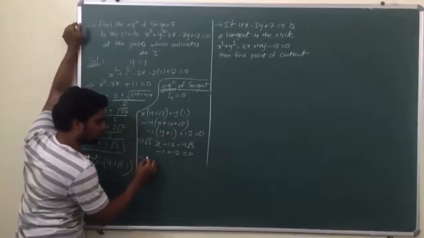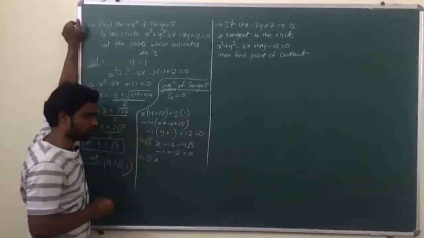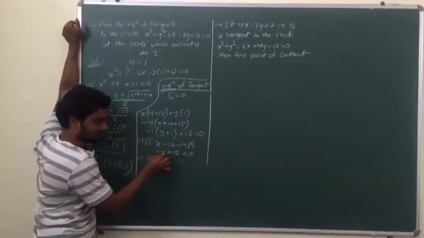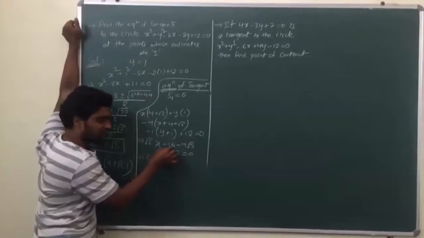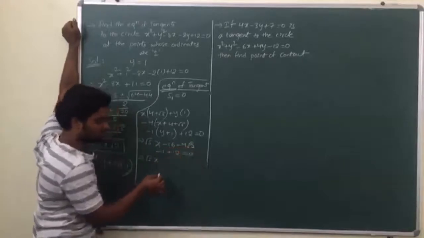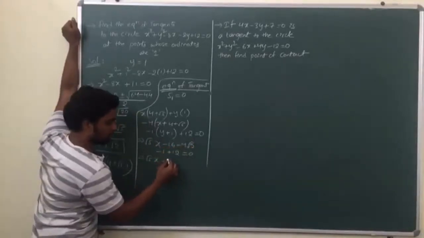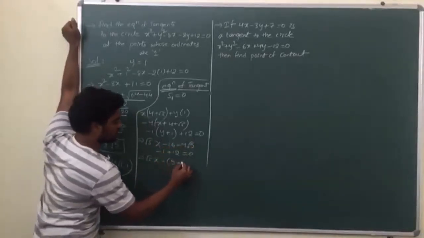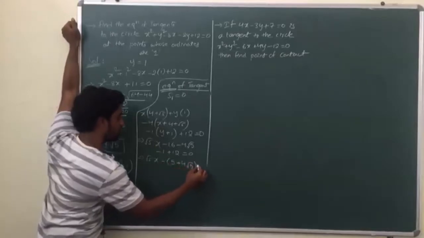So now root 5x, 12 minus 1 is 11, 11 minus 16 is minus 5. Minus 5 minus 4 root 5. So root 5x minus of 5 plus 4 root 5 is equal to 0.